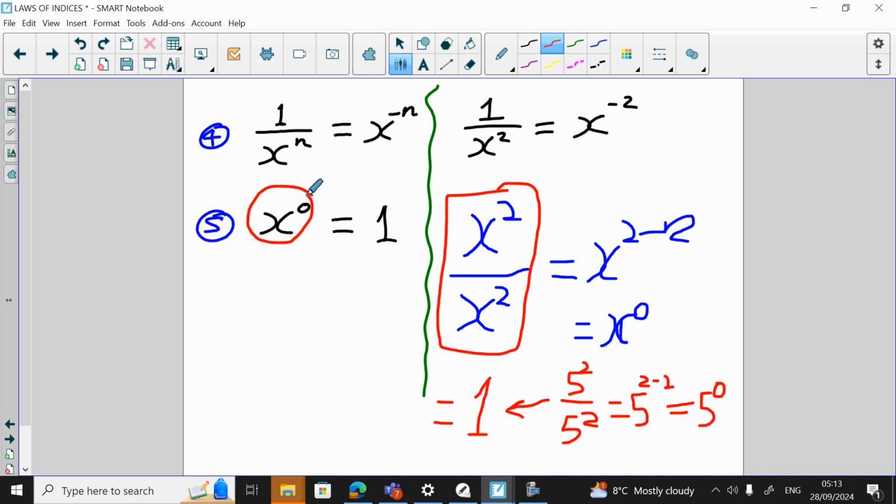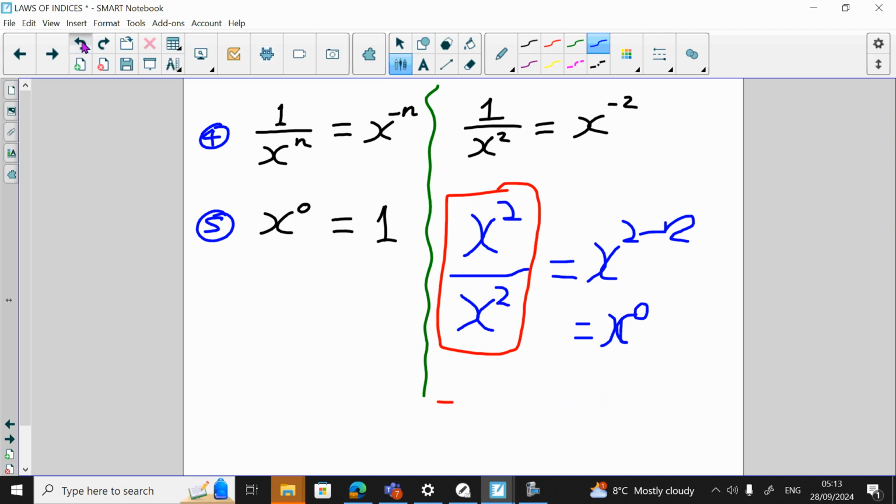Something to the power of 0 actually does give you 1. Right, so that's your numerical analogy. Try it in your calculator, why don't you?